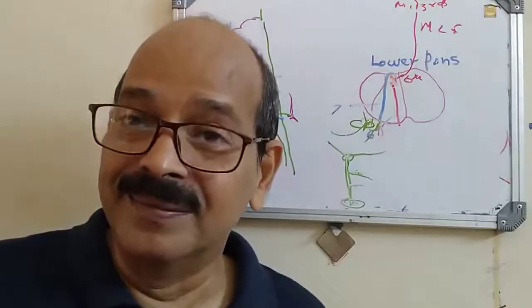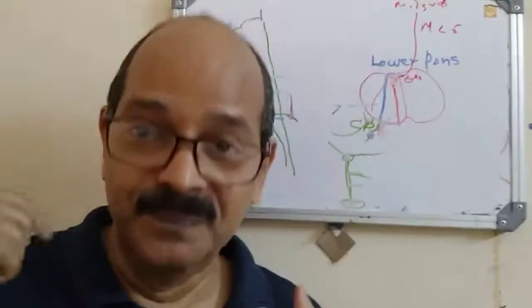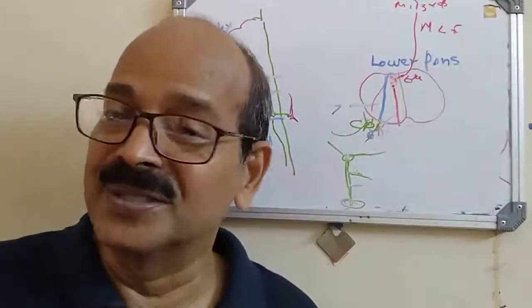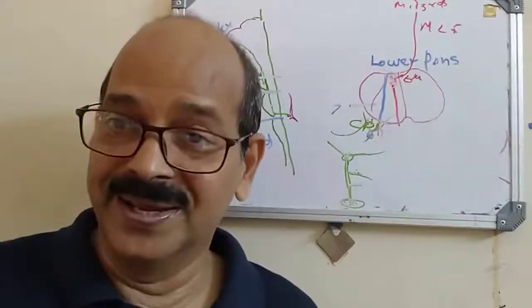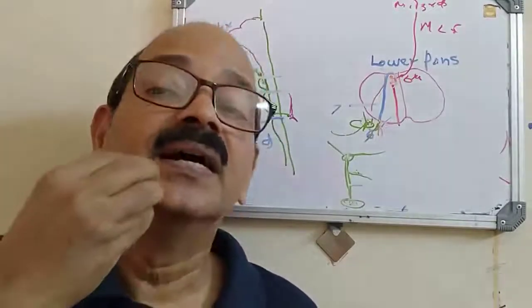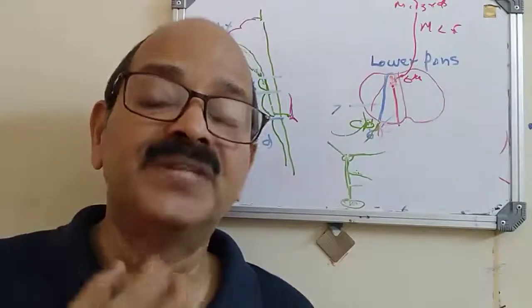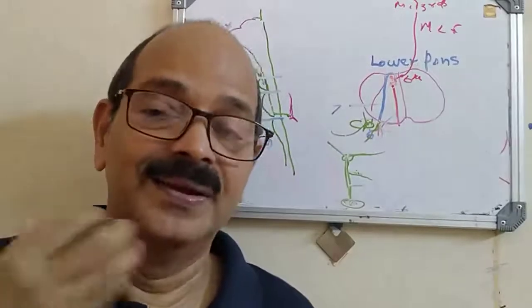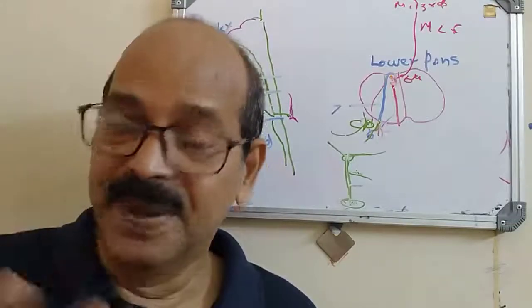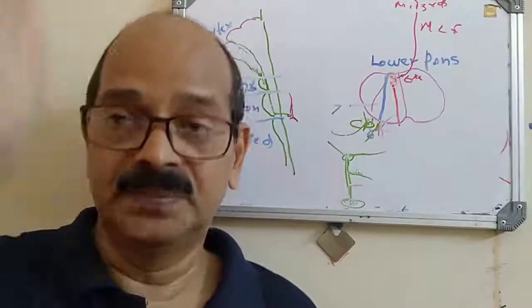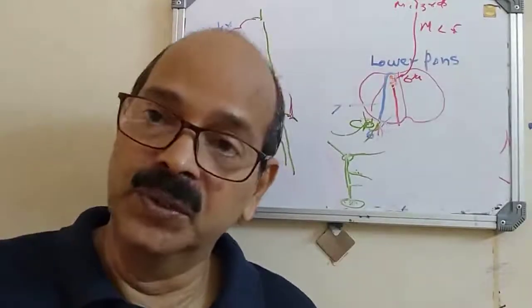Bilateral UMN behaves just like LMN because the compensation is there. Bilateral UMN and bilateral LMN look alike. One very important thing: don't take it as an absence of depressor anguli oris where the lower part is involved and the other part is spared. With this method, you are halfway through.